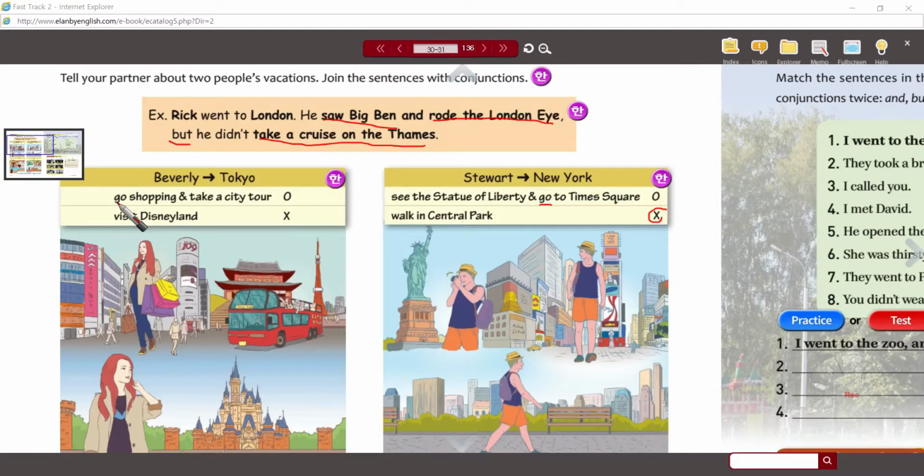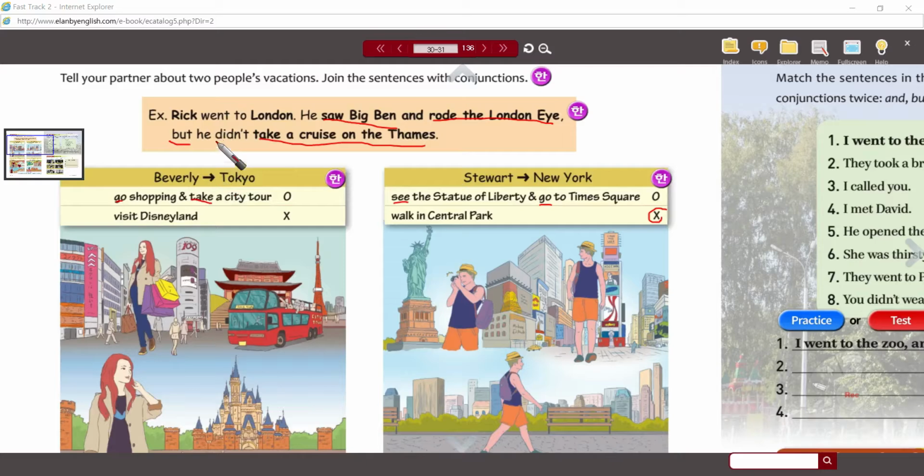So when we're using the past tense for positive statements, okay, we can just simply change the verb. So go becomes went, take becomes took, see becomes saw, go becomes went again.